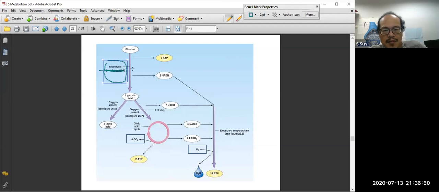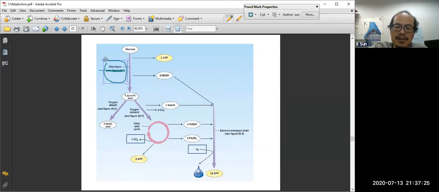At the same time, it produces 2 ATP. If there's no oxygen, then pyruvate will form lactate. That's it. If there's oxygen, then pyruvate enters the mitochondria, is converted to acetyl-CoA, and enters the citric acid cycle to produce NADH and FADH2. The electron transport chain will use those to produce ATP.